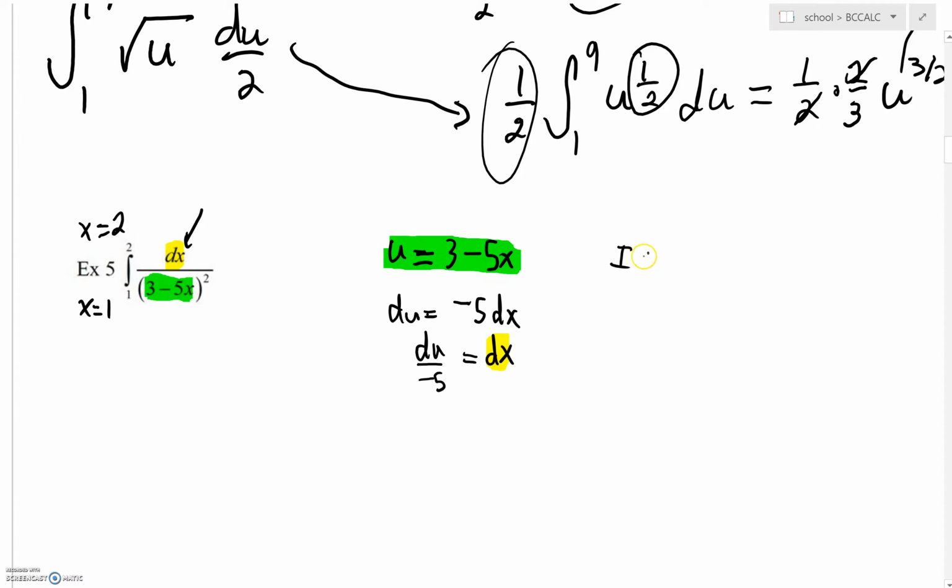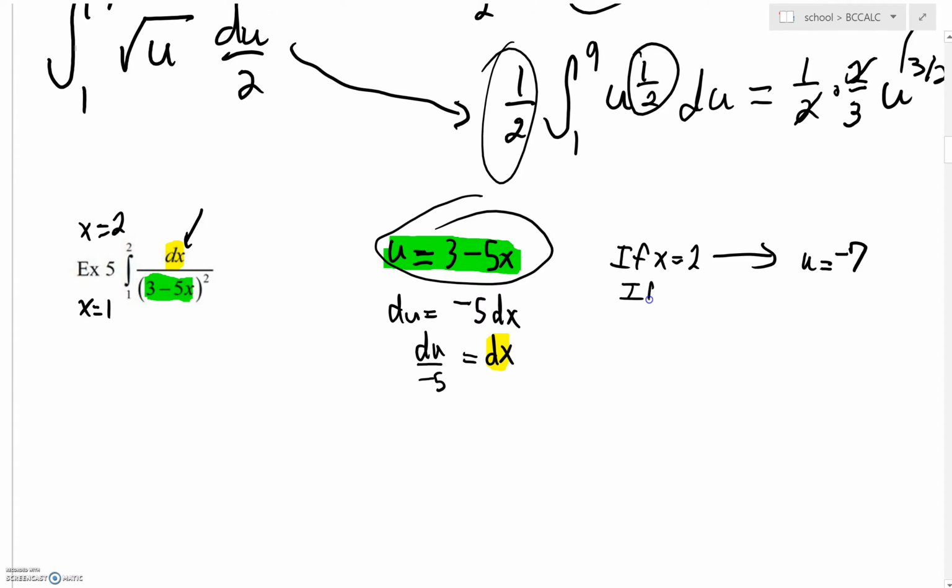If x equals 2, well, look in green right here. If x is equal to 2, 5 times 2 is 10, and 3 minus 10 is going to be negative 7, isn't it? So it would only take a moment to get that.